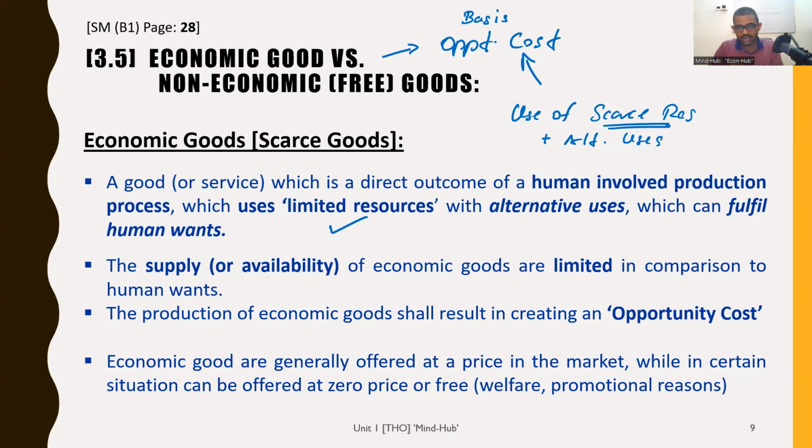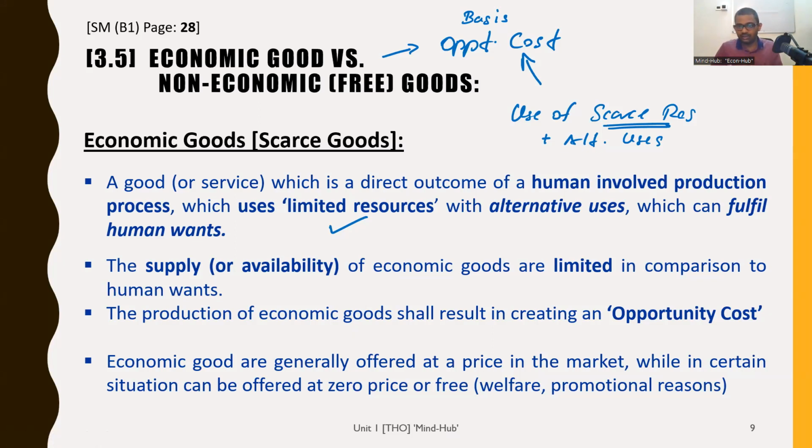Economic goods have a price, but remember, economic goods may not always be given at a price. For charitable, welfare, or promotional purposes, economic goods can be given free of charge. So just because you get a good free, that does not mean it is a free good or a non-economic good. It can still be an economic good.